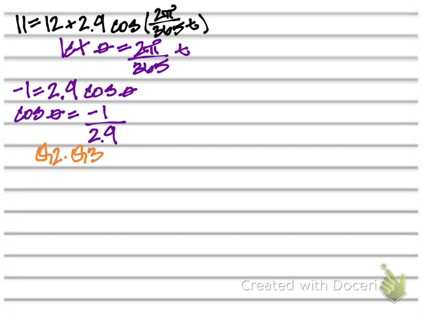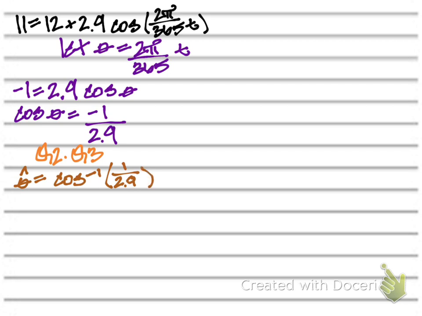So the easier thing to do is to start by finding our theta hat, our reference angle. And so our reference angle is the positive, right? Is the inverse cosine of 1 over 2.9. That's the positive guy.